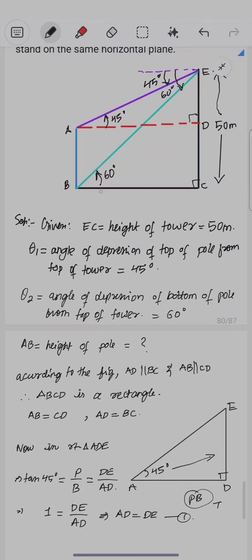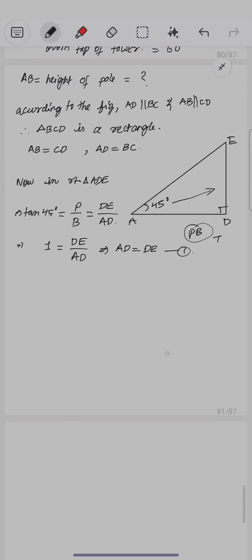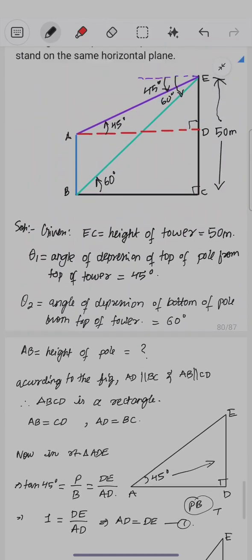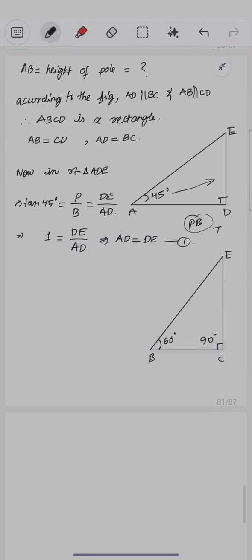So now again look at triangle BCE. Angle C is 60 degrees and angle E is 90 degrees, and CE is 50.